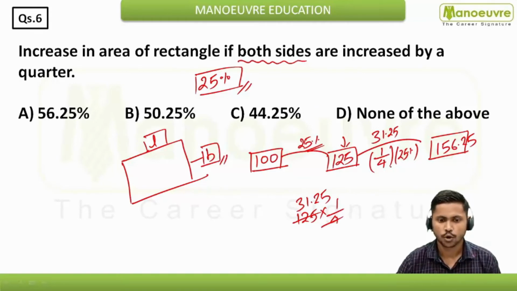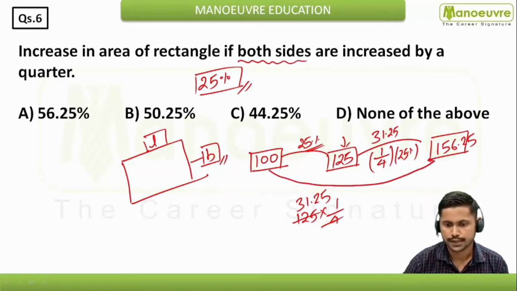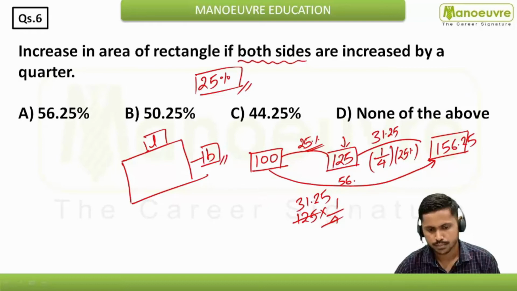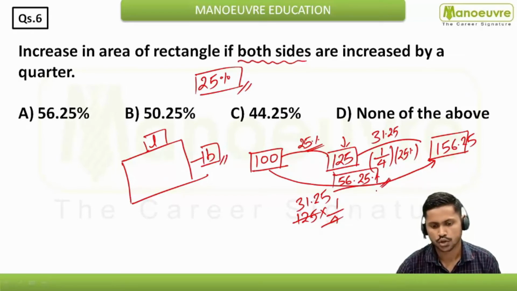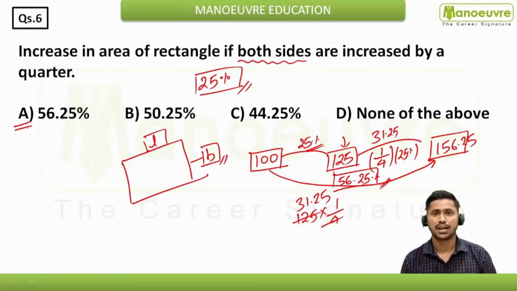So I can say the overall area has increased from 100 to 156.25, which means it is increasing by 56.25%, and that is your option number 1. This is how easily you can do this question by the successive increase of percentage.